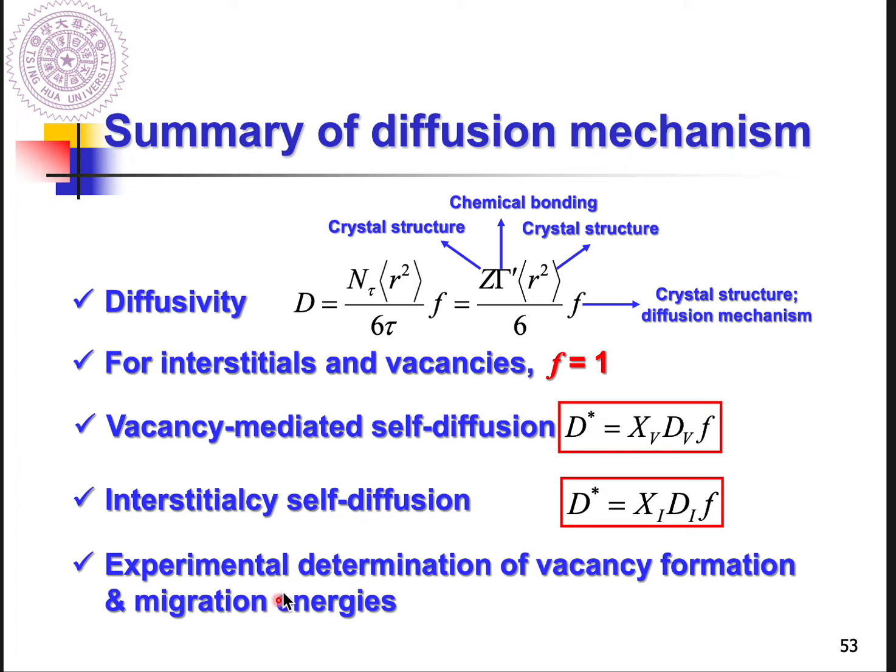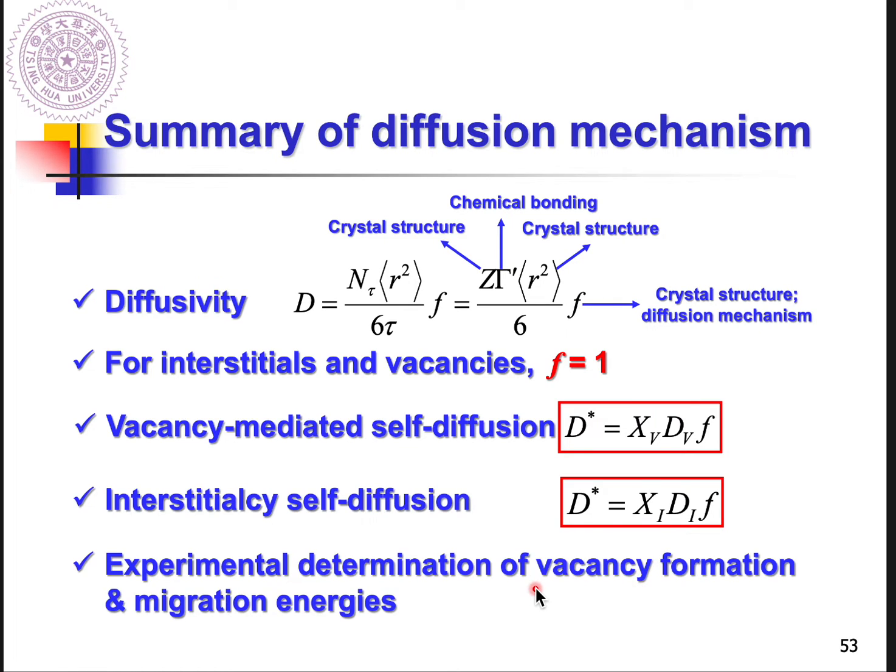We also showed you how to determine or obtain the vacancy formation energy and the migration energy. First of all, we need to determine the total enthalpy. Then by measuring the thermal expansion minus the contribution from the increase of the lattice constant, you can get the vacancy formation energy.